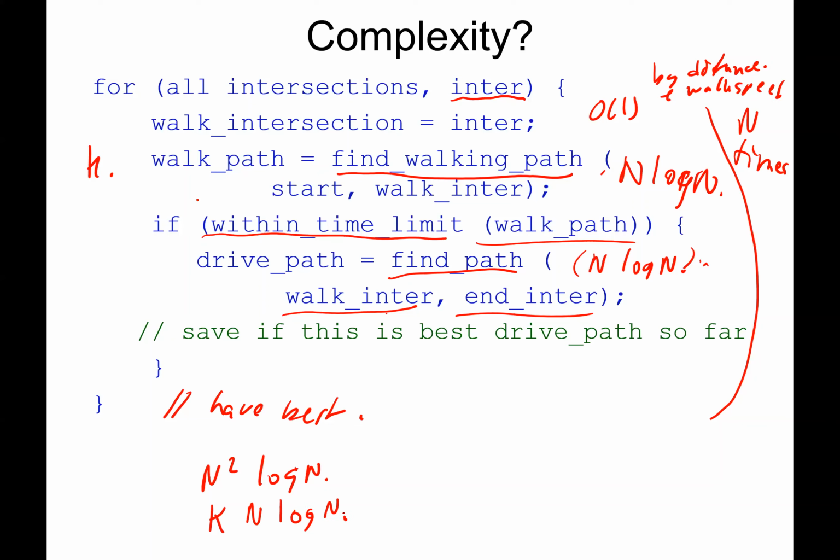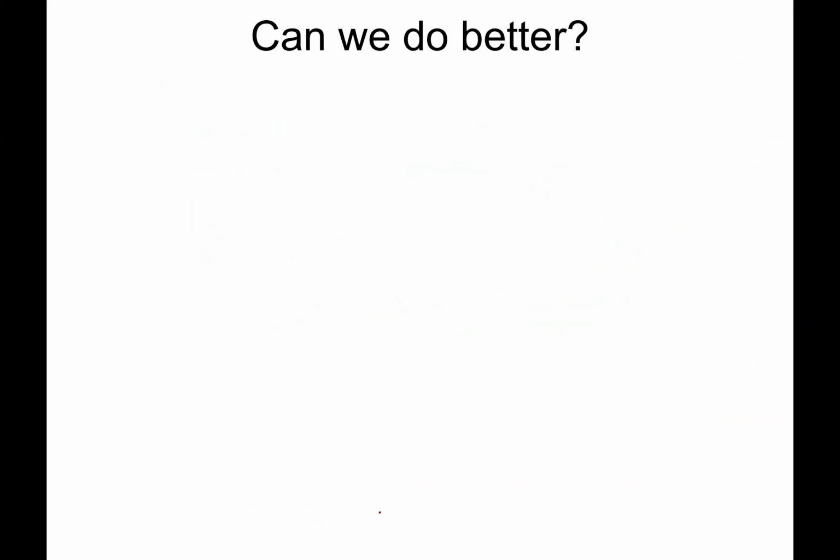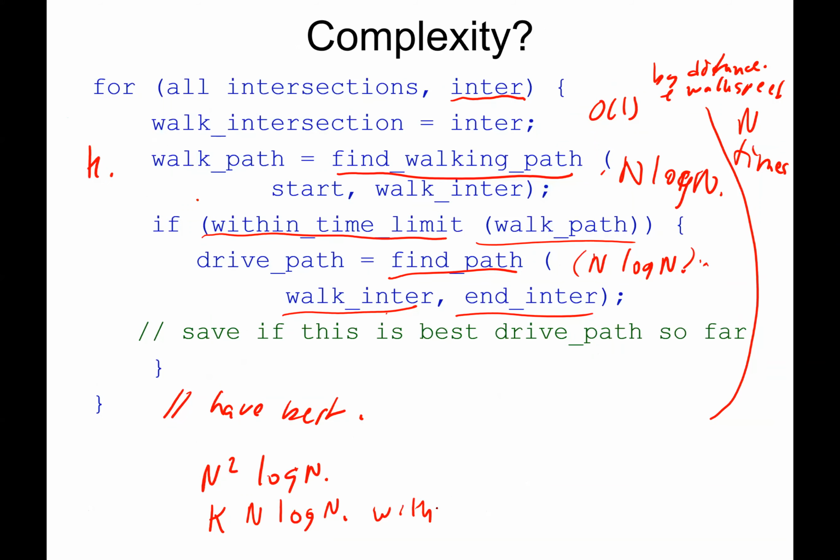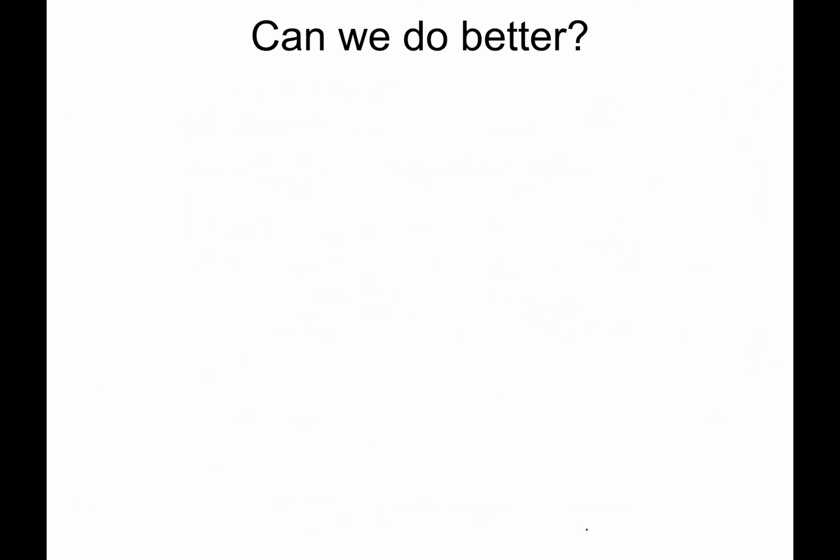And k is basically the number of intersections that are reasonable possibilities, where I've quickly checked using geometric distance. Does that make sense? Okay, so that's a pretty simple change. I've not written the pseudocode, but that's the idea, with essentially pruning. I'm immediately throwing away with a quick check the walk intersections that make no sense to do detailed checks on. All right, okay, can we do better than this?